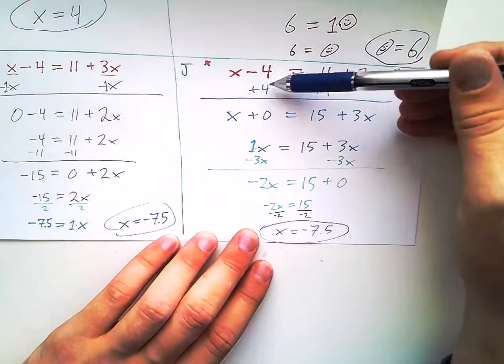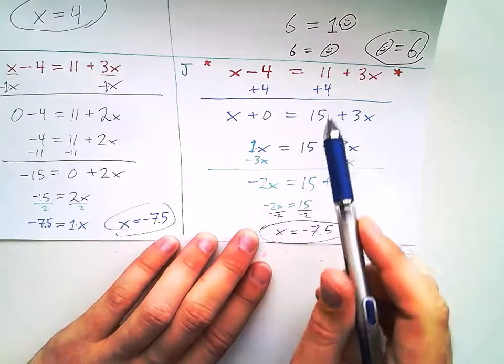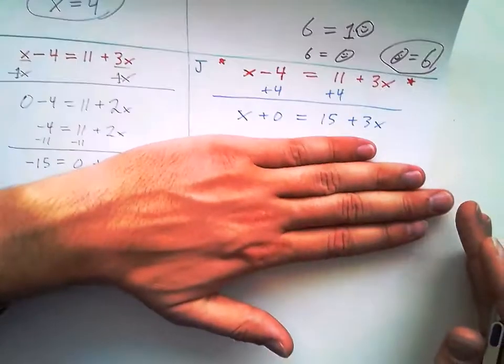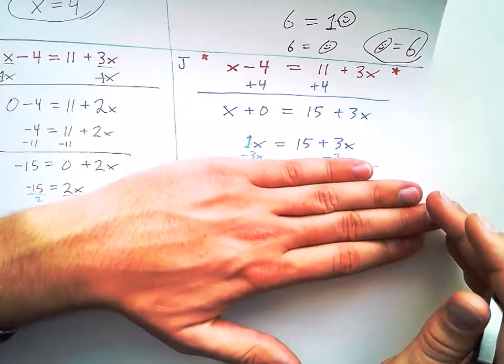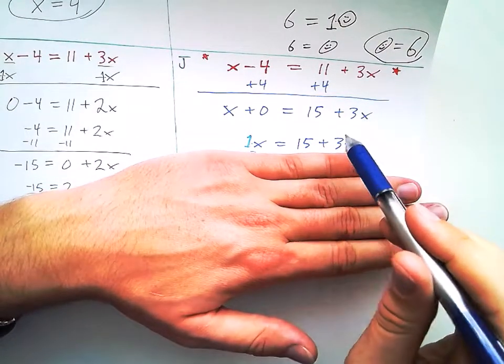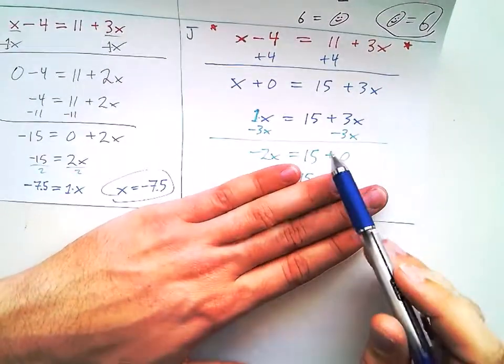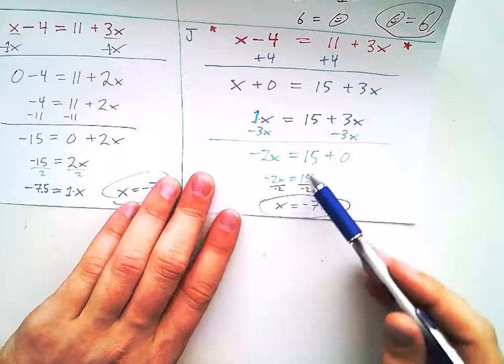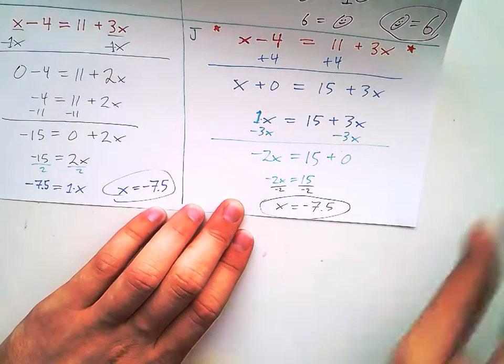So I added 4 to both sides first because I wanted to get rid of that minus 4, and that simplified things. I got x equals 15 plus 3x, and then I tried to get the x's together, same idea, and got negative 7.5.